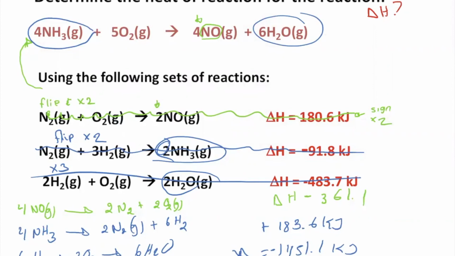Now add up your equations and let's see if we end up with the target. Notice that we have 6 H2 in reactants and products, so they cancel.